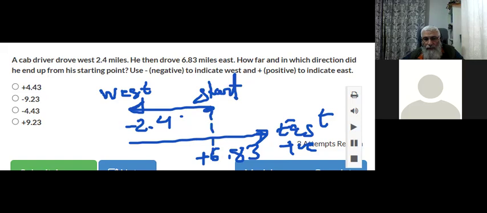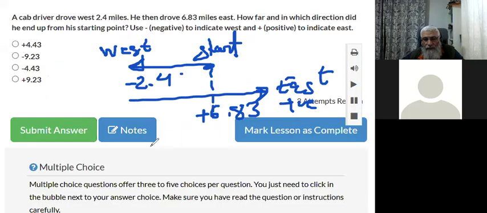What do you think? So he drove plus 4.43. Yes, it is correct. How did you do this?